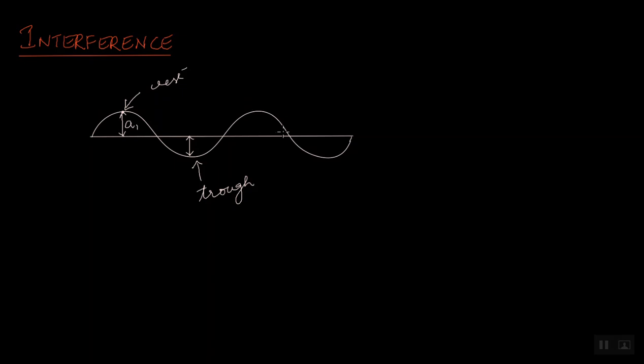All right. Now, suppose you have two waves coinciding at a point. If two waves coincide at a point, it may coincide in this manner. Let me rub this off first.